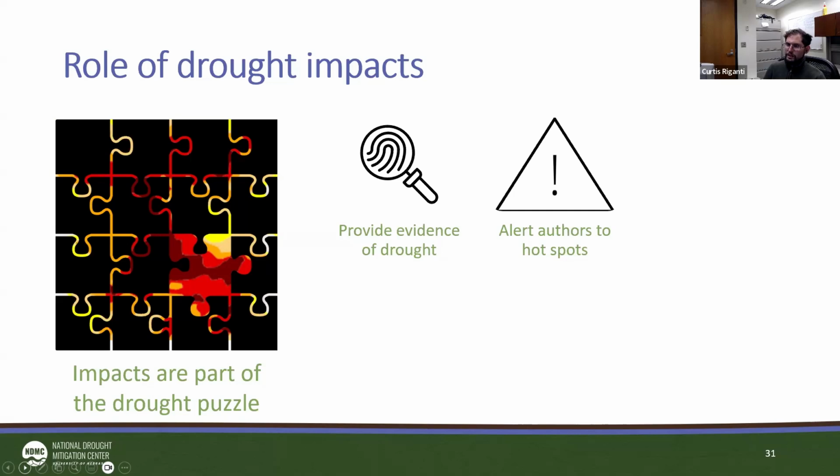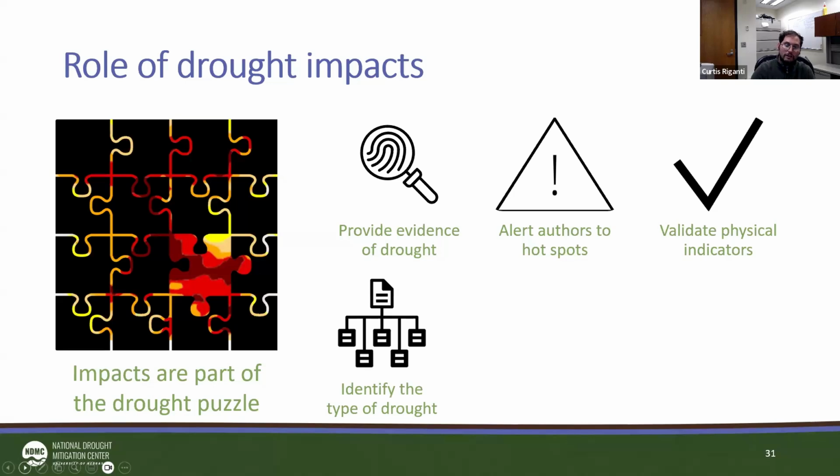And they'll also have a better idea of how do these specific drought impacts in our local area that we know a little bit better than the national authors, how do they validate the physical indicators and indices that we have, or maybe do they not line up to those? And they can help us contextualize the different physical indicators and indices.